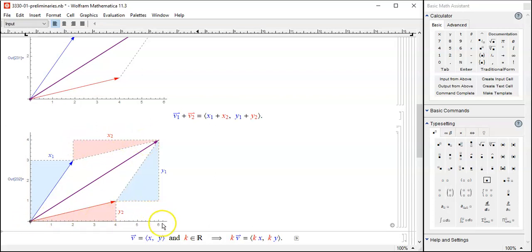From here all the way over there is equivalent to x1 plus x2. How about vertical? Same deal. y1 plus y2. This picture says it all.